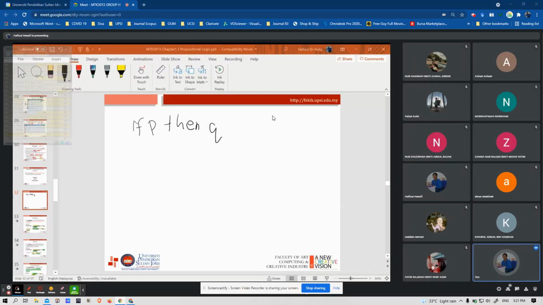A conditional consists of two parts, a hypothesis in the if clause and a conclusion in the then clause. If one statement, then Q is another statement. For instance, if it rains, then they cancel the school.